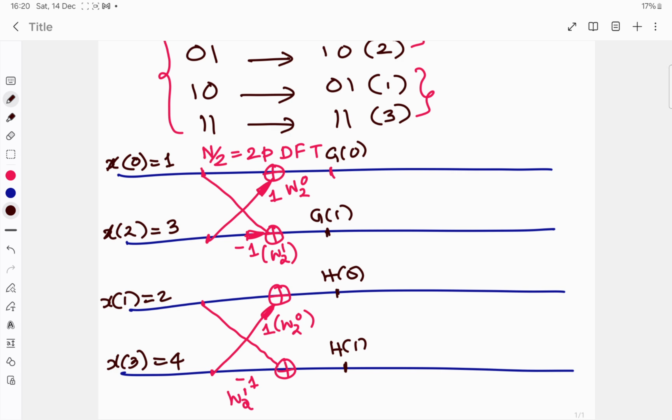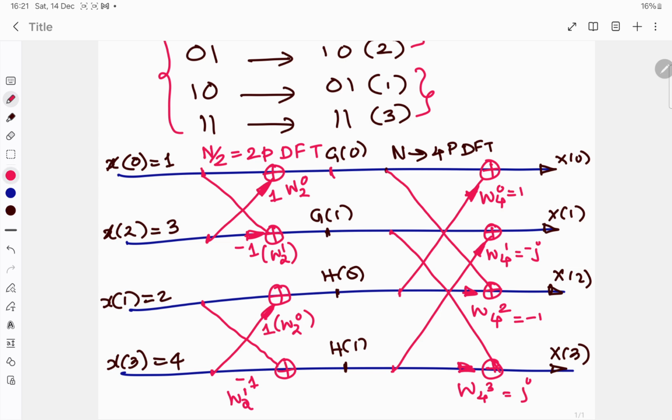Next step, we want to do the N, which means 4-point DFT. Okay. So we have implemented the 4-point FFT here, and these are the coefficients, the trivial coefficients: w4 to the power 0, which is 1, then w4 to the power 1, w4 square, and w4 cube.